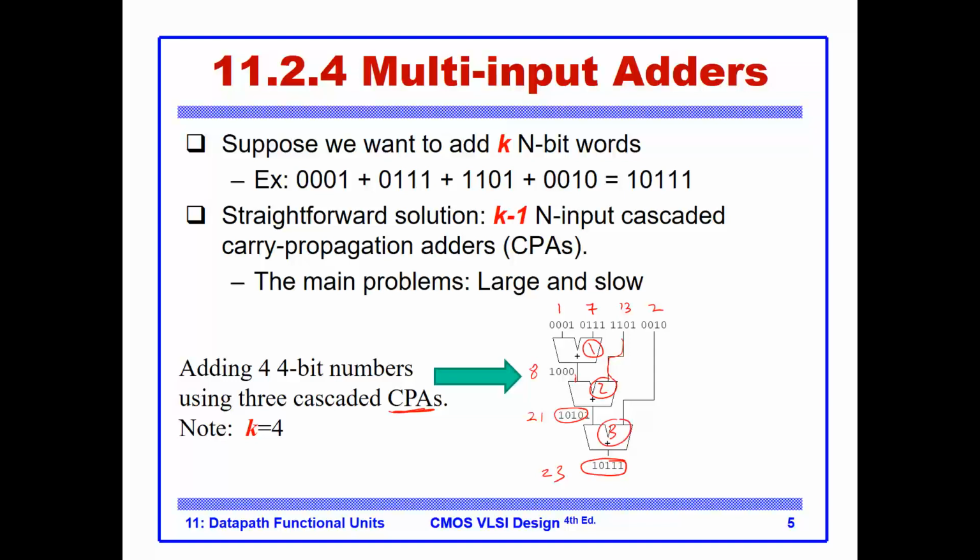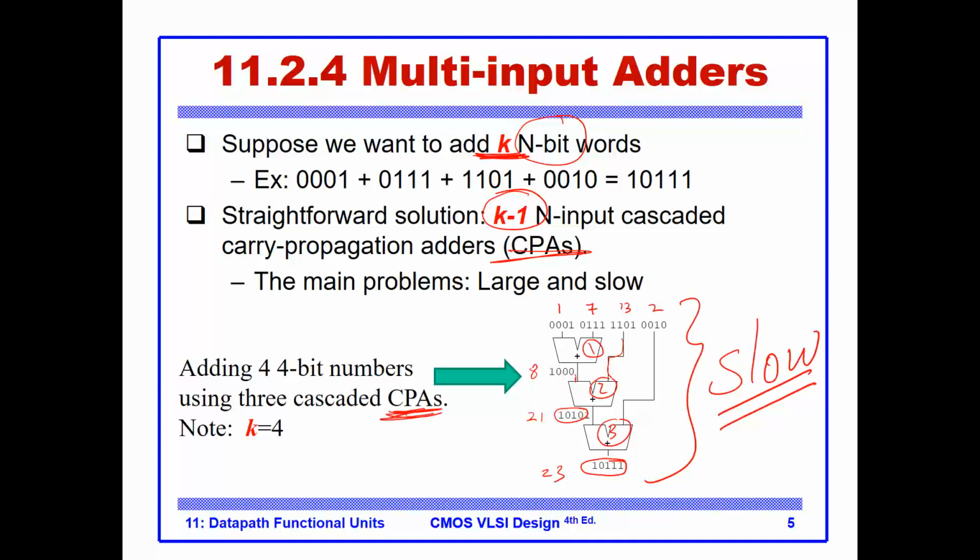So if I have k n-bit numbers, we will have to go through k minus 1 carry propagate adders. Despite the fact that this is an easy method, unfortunately it is very slow. Why is it slow?